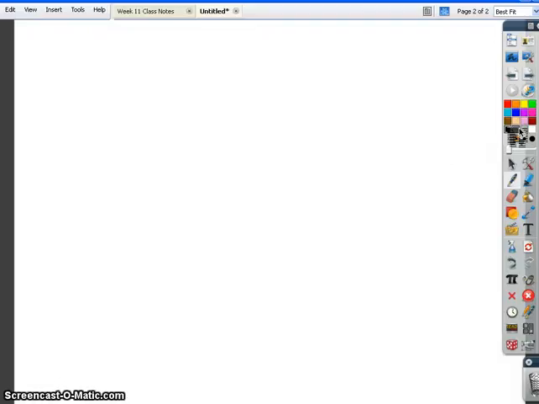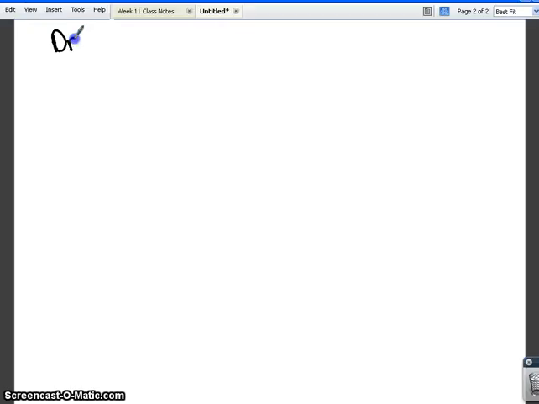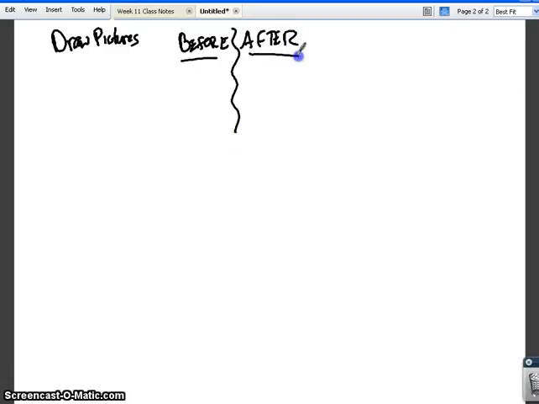Okay, so I highly recommend when you do this kind of thing, you draw pictures. And with momentum, we typically want to do before and after pictures, because it is very simple to mix up what's going on. So we do before and after.